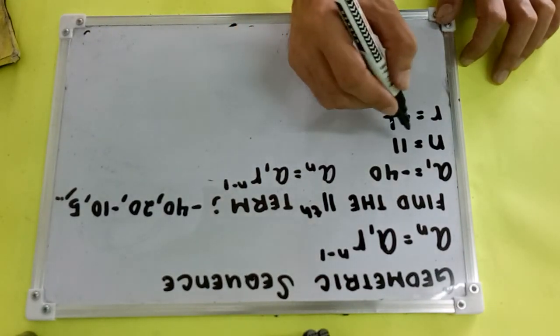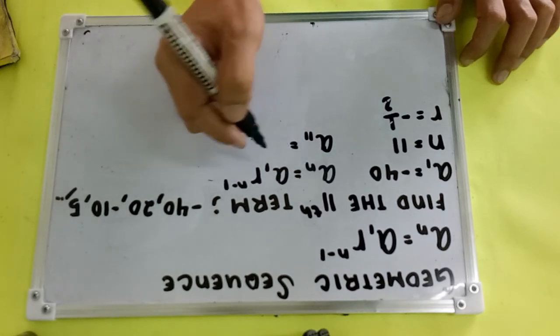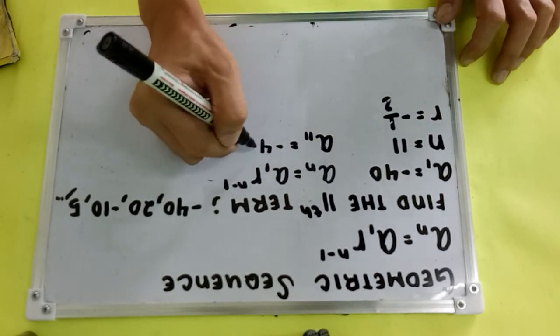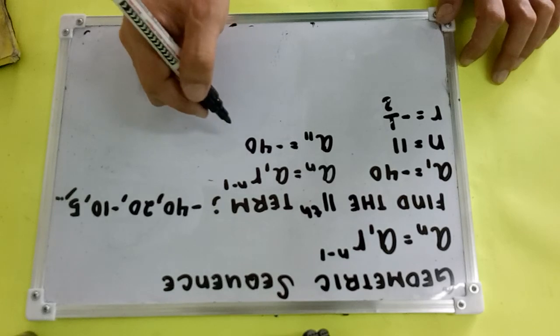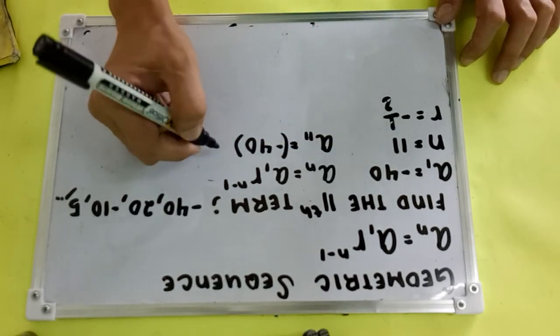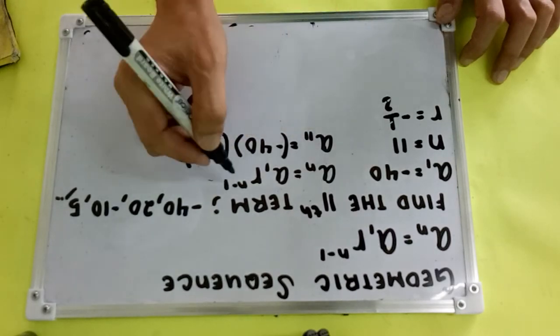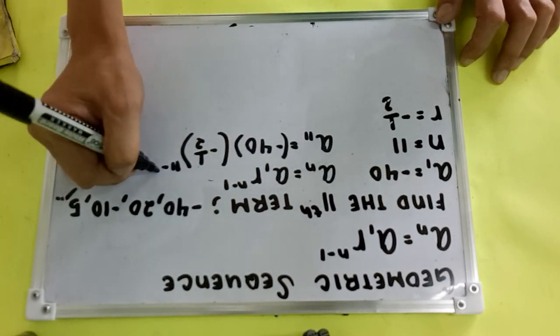So, ang n natin is 11, syempre. So, that is a sub 11. a sub 1 natin is negative 40. And then, multiply by our common ratio, negative 1/2, raised to 11 minus 1.